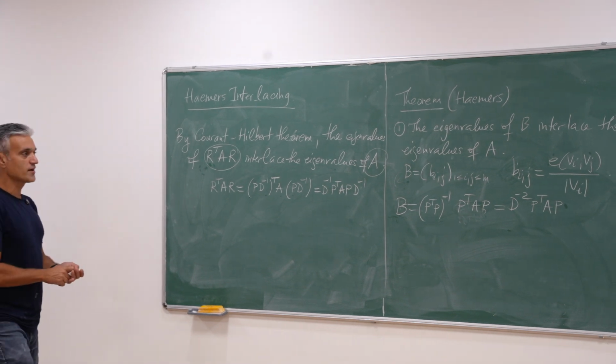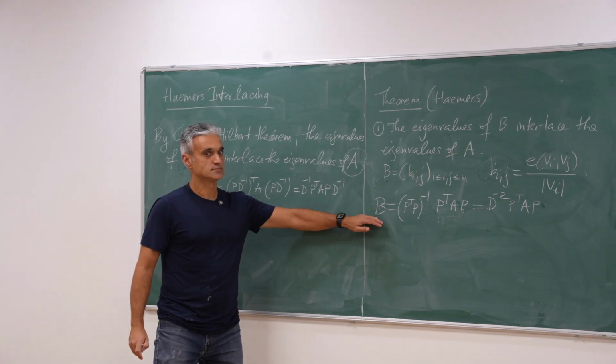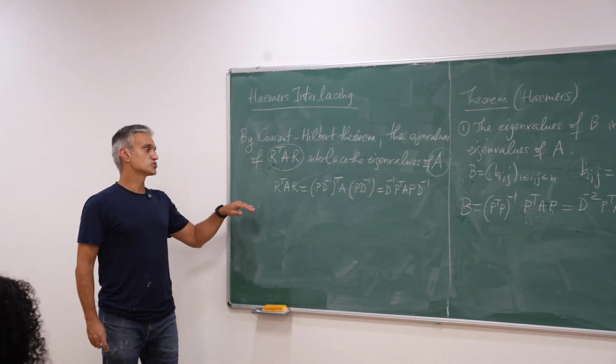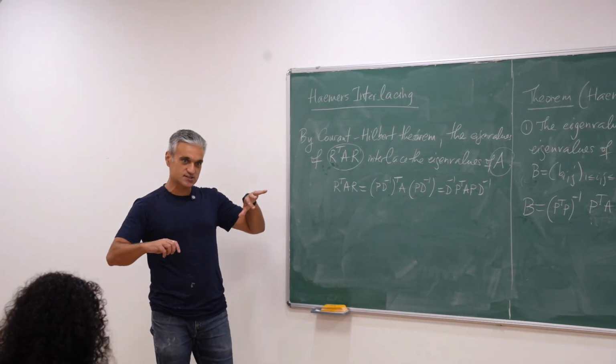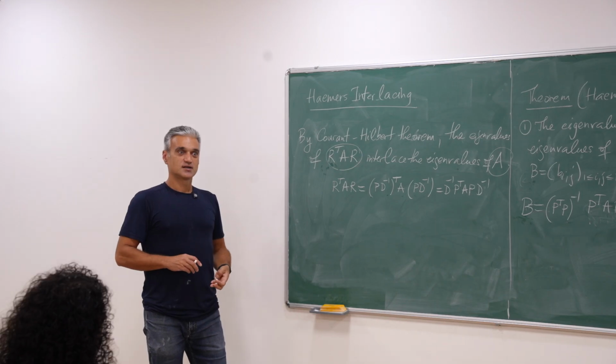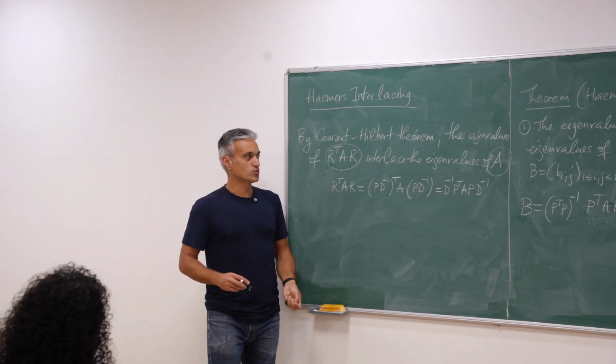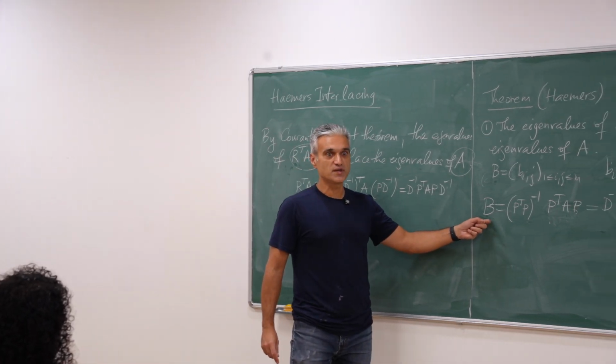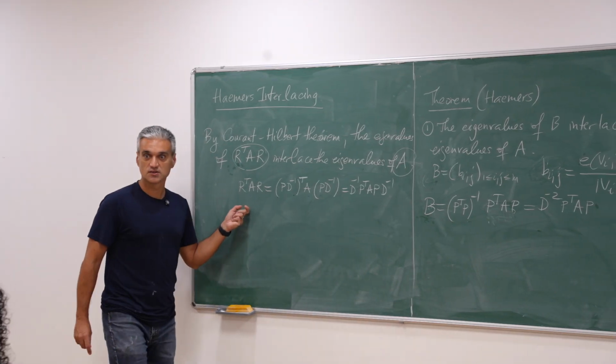So it's not quite B, but it's almost. What can I do to B to make it into this?